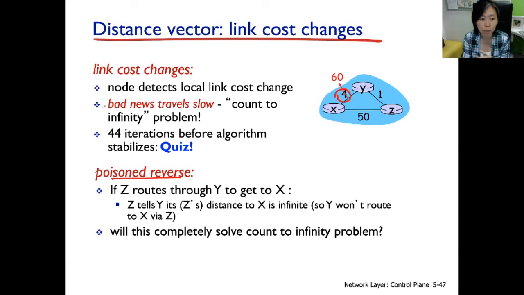This is to help prevent bad news from traveling slowly. In poison reverse, y and x, the two ends of a bad link, are going to tell their neighbors that all their shortest path routes to the other node along the link need to be changed to infinite. That way it prevents y from selecting z as the shortest distance.